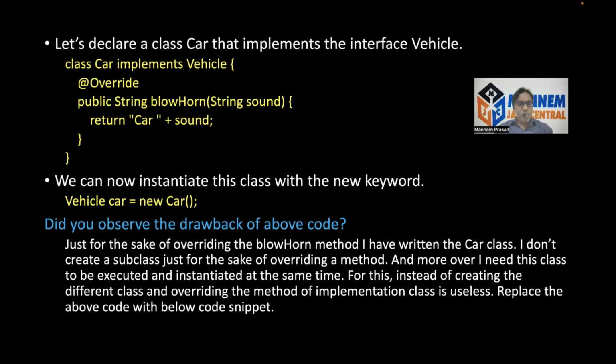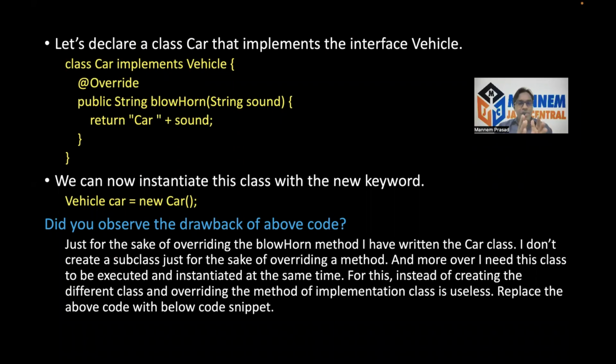Both need to be executed at a time. So instead of creating a different class and overriding the method of the implementation class, which is useless, replace the above code with an anonymous inner class.